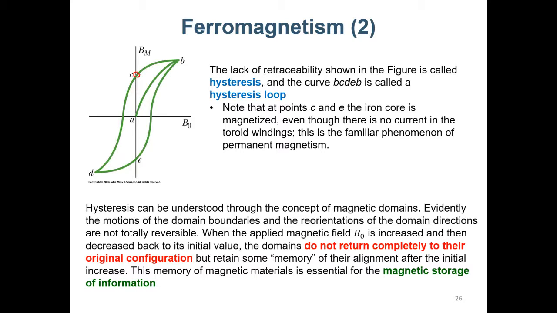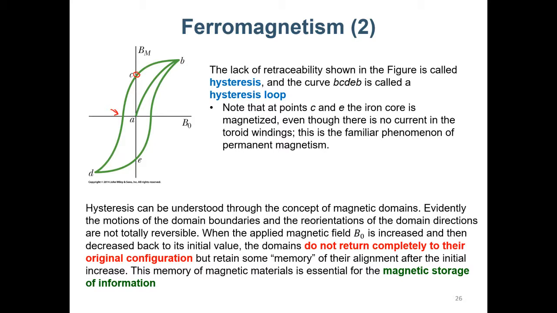You need to apply a negative enough B field so that you can reset the magnetic dipole moment of the ferromagnetic material. If you apply further negative field, it will look like this.